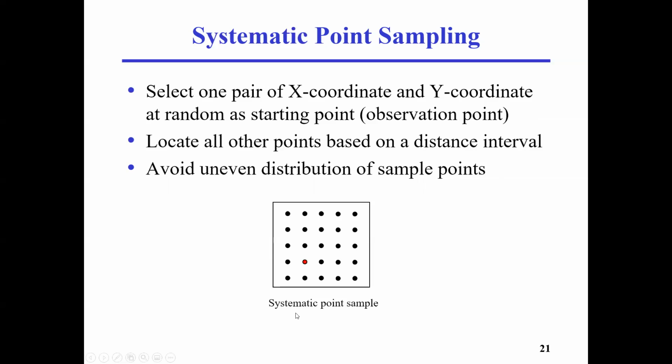Okay, so you can start from here, from the red one, and you can assign a specific distance interval of, say, 2 units. Then 1, 2. This is the next sample point, and 1, 2.